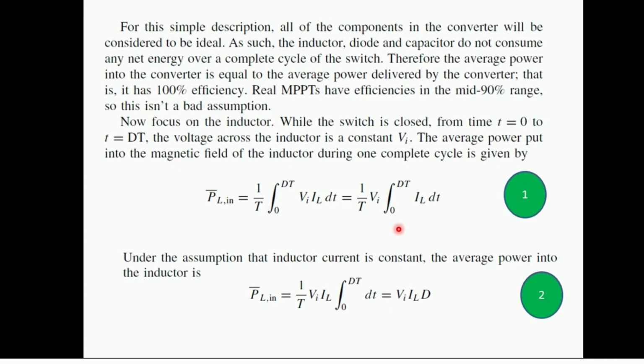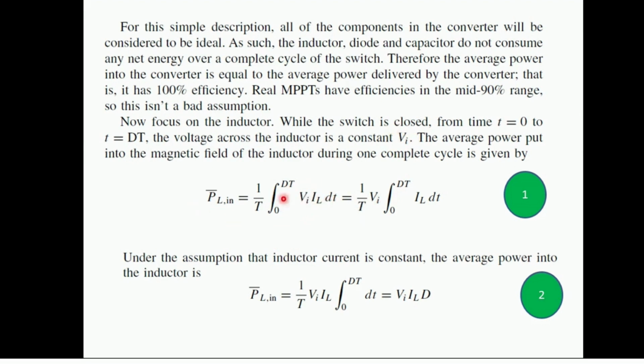If we go through this mathematically, without going into much detail because it is very easy to understand, we will check the on time and off time. Our input power is 1 upon T integration 0 to DT, because this is our on time. When the switch is closed, from time t equals 0 to t equals DT, the voltage across the inductor is the constant voltage Vi, and the current will be continuously rising.